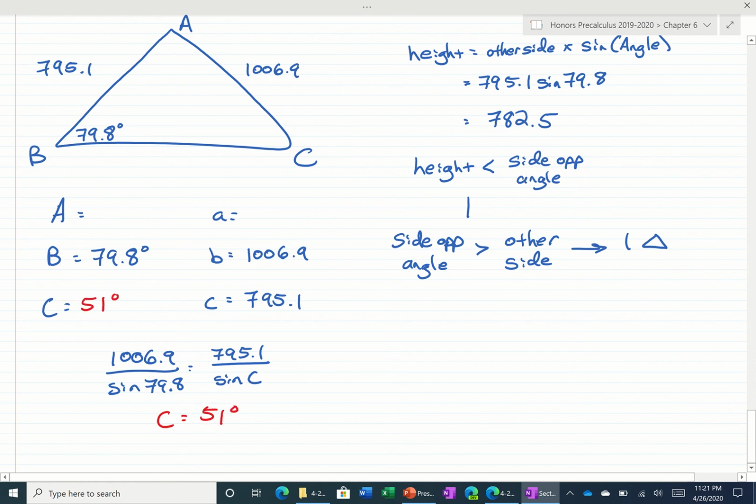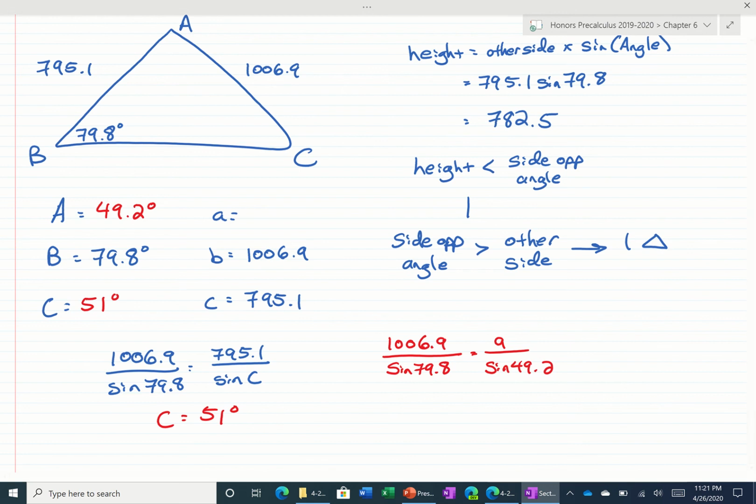So if we do 180 minus 51 minus 79.8, it's 49.2 degrees. And then to finish it up, 1006.9 over the sine of 79.8, and set that equal to side A over the sine of 49.2, and I'm getting side A is 774.5.